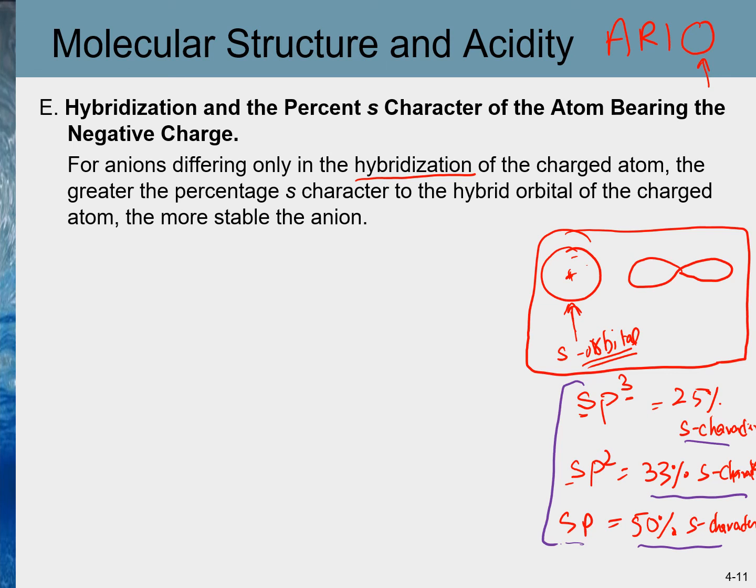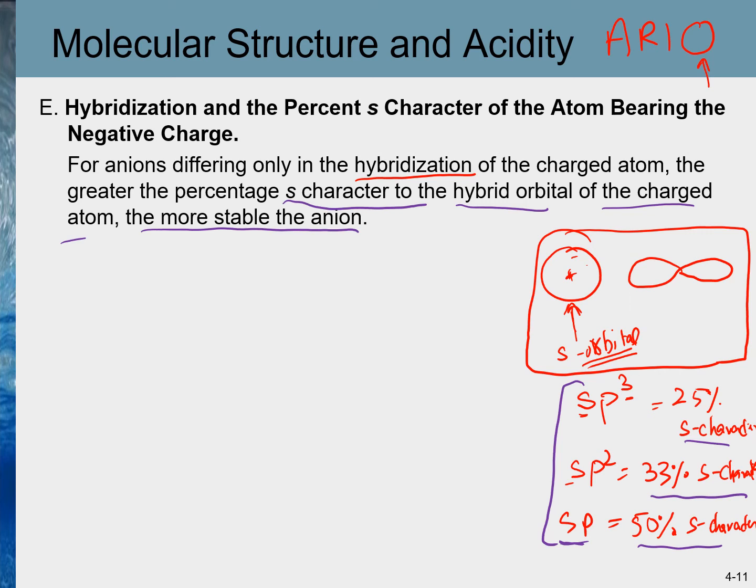In other words, negative charge will be more stable in the sp hybridization state as compared to sp3. So the higher the percentage of s character in the hybrid orbital of the charged atom, the more stable the anion. Let me explain with the help of an example.